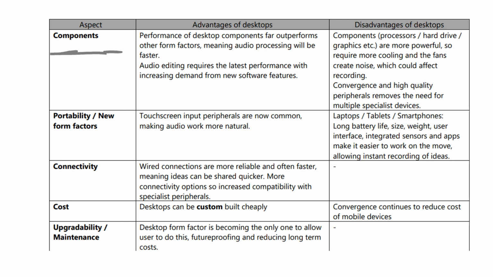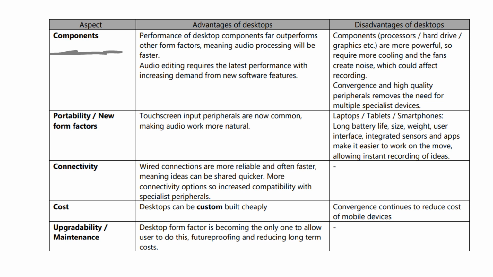Coming to portability, a desktop is nowhere portable, whereas a laptop, tablet, or smartphone is portable and lightweight, and its user interface is very friendly. We have touch screens, touch panels, and the sensors and apps are integrated, easy to work with.